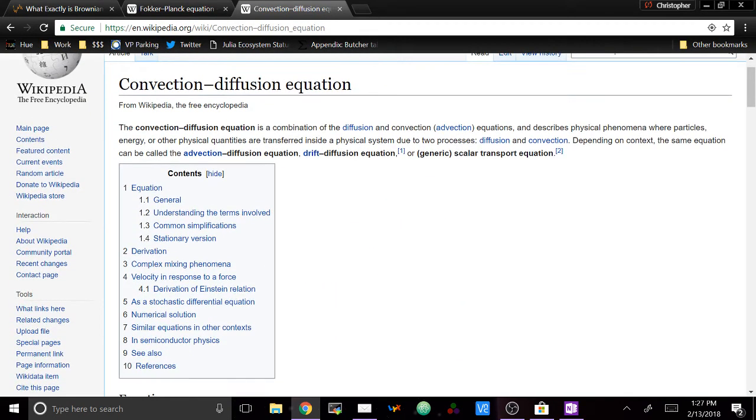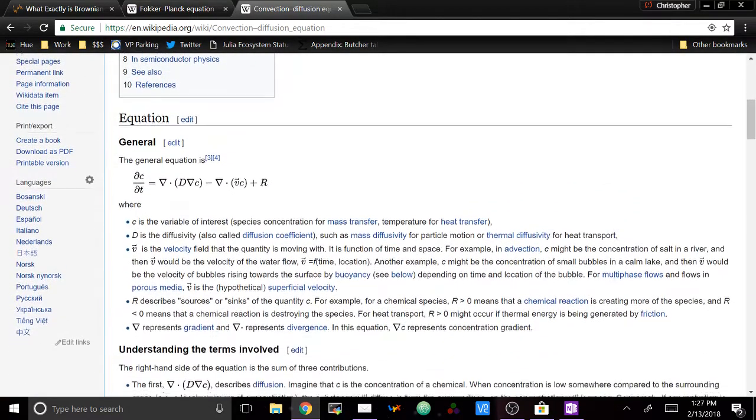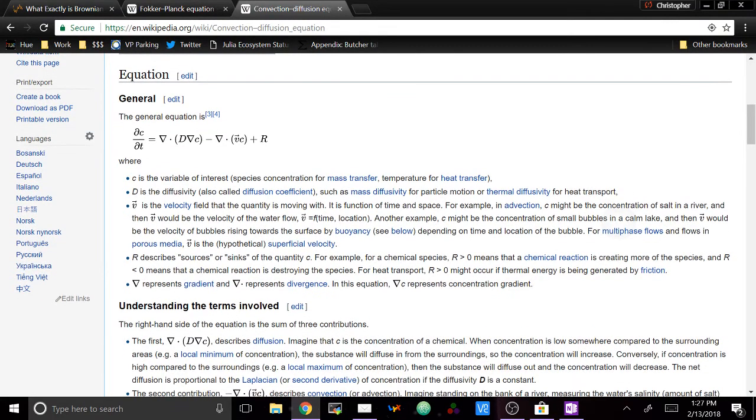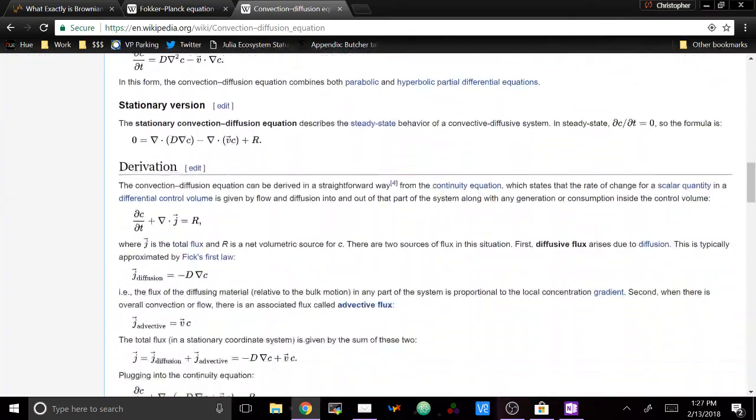This equation has a bunch of different names given who you're talking to, but that's another way of writing it. You'll see that this is the second derivative part where they've defined the D to be outside of there. That D is the same thing as our g, and this v is then the same thing as our f. But it's the same general idea there.